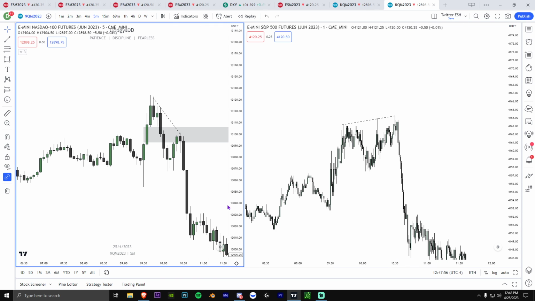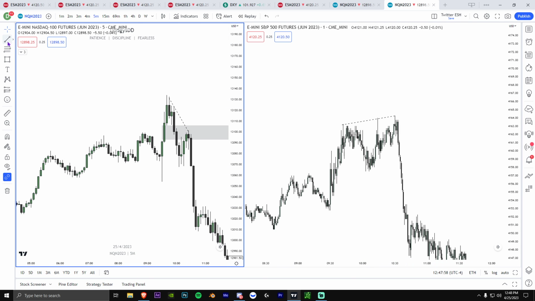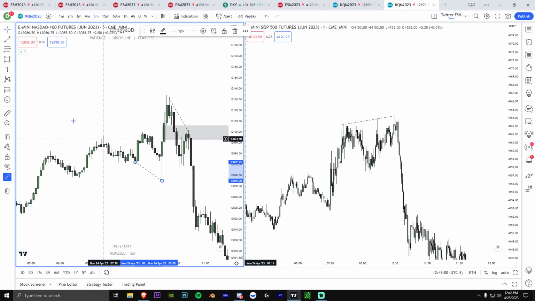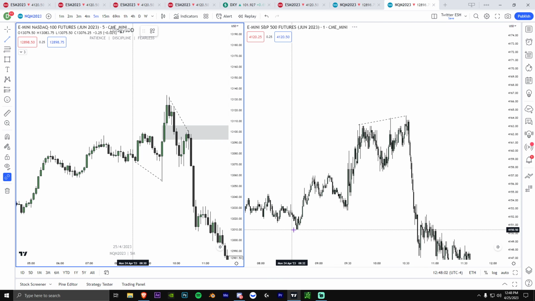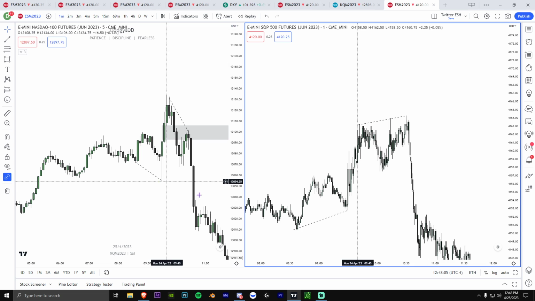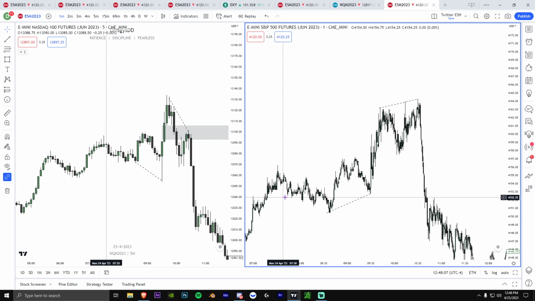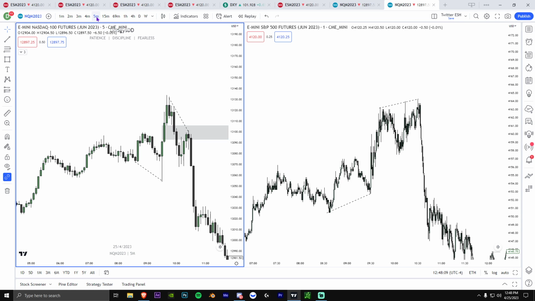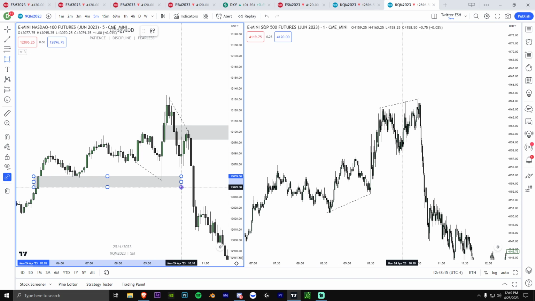Again, there's a lot more examples I could go over. Like right here, there's an SMT. You can see we made a lower low in NQ, higher low in ES. What happens? We pump after. And the reason this was such a good SMT was because if you look below, there's a fair value gap right here.